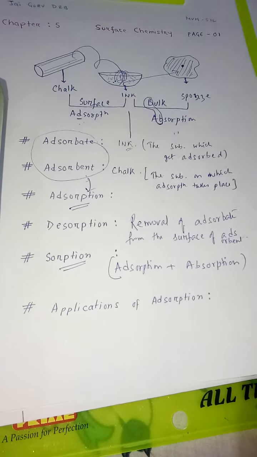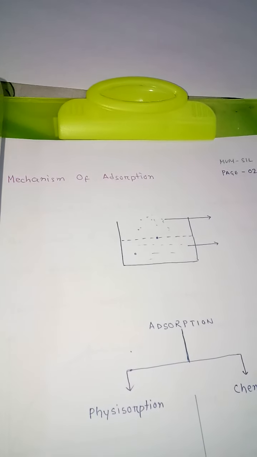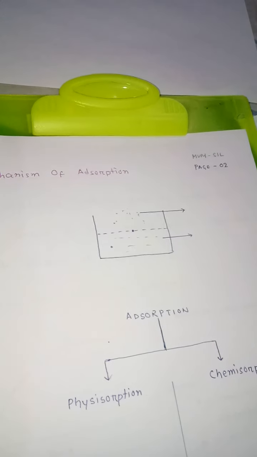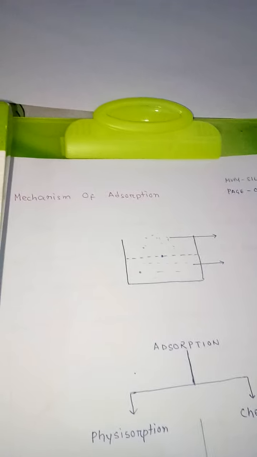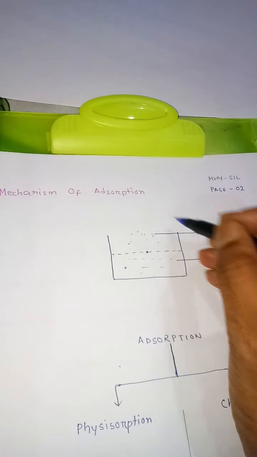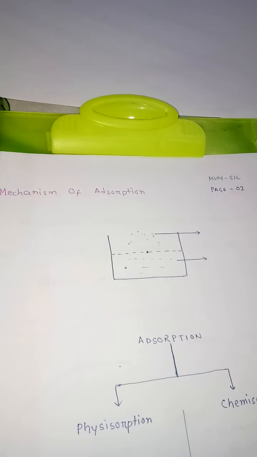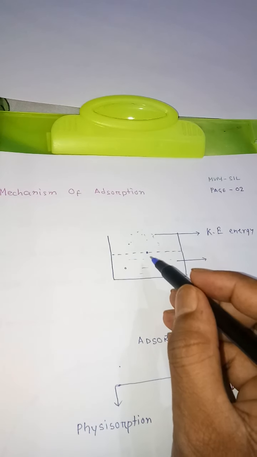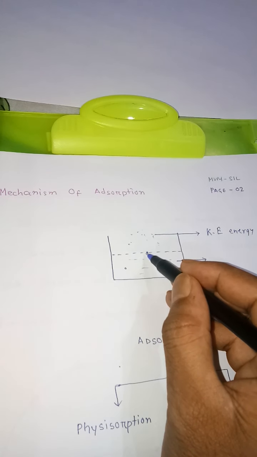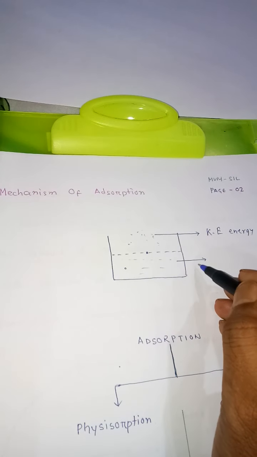So in the next page, we are moving to the next page. Here we are doing the mechanism of adsorption. So here is a theoretical point of view I am showing. If you consider these are some gaseous particles having kinetic energy. Now the molecules in the surface, this is liquid.